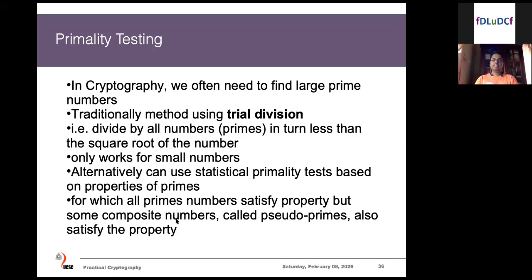If that GCD is greater than 1, these two numbers have a common factor. That means the number P we generated is definitely not a prime number. So we throw that number out, generate another random number, and start doing the same. Okay.